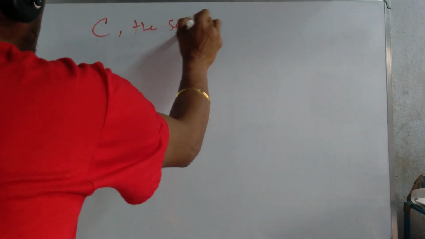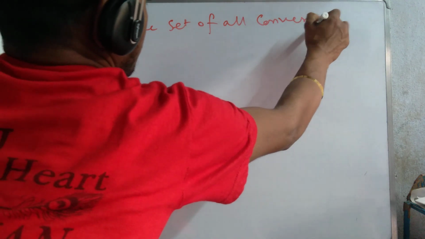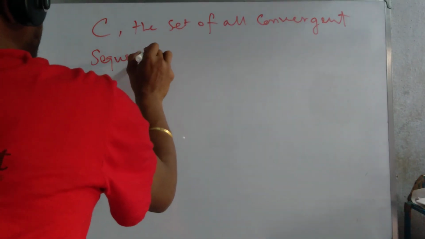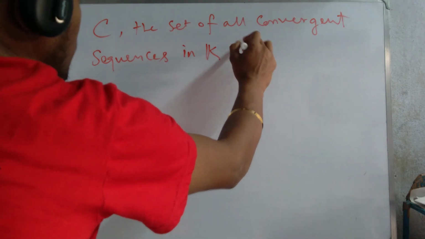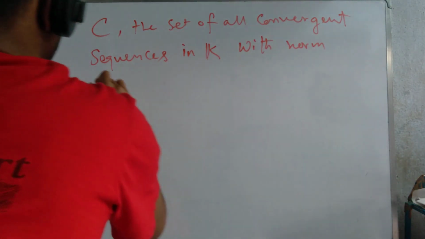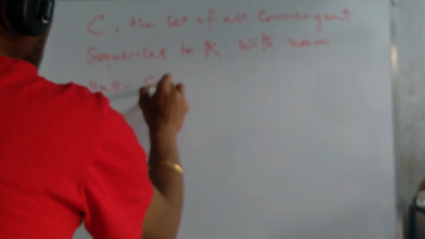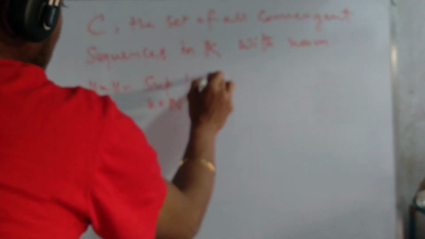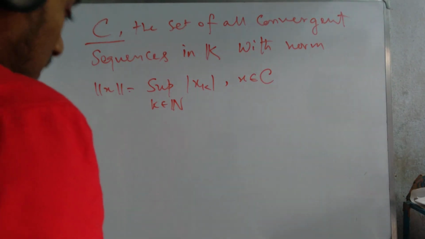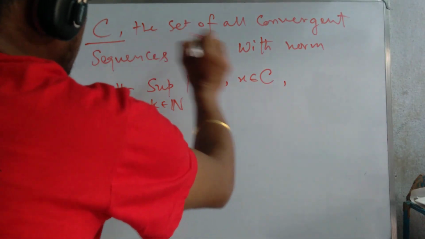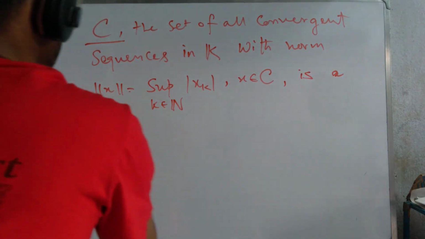I start from one question. Let C be the set of all convergent sequences within K, obviously in any field K, with norm of x equal to the supremum over k belonging to N of the modulus of xk, where x belongs to C. Then this space with respect to this norm is a Banach space.